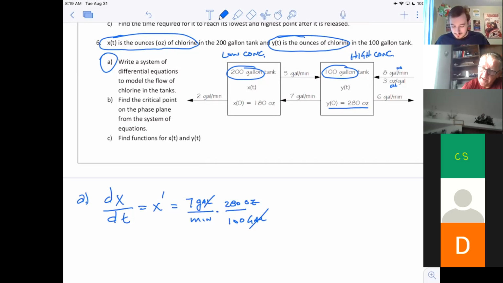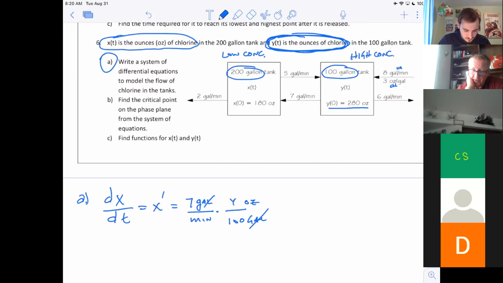So instead of 280, that's the definition of why, the ounces of chlorine in the tank. It's changing. It's calculus. It starts at 280, but it isn't going to stay 280. So there's Y ounces in there in 100 gallons. It's going to stay 100 gallons, so I don't have to say 100 plus T or 100 minus T or 100 minus 2T or any of those things.